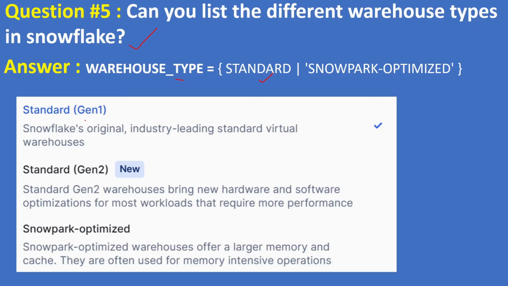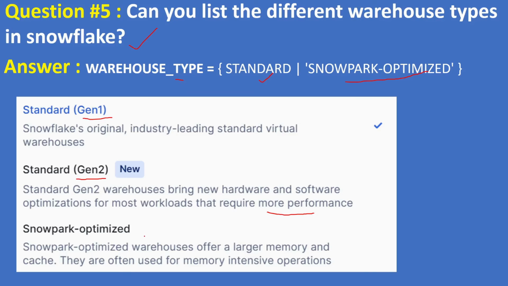Within the standard type, you now have standard Gen 1 and standard Gen 2. Gen 2 warehouses bring new hardware and software optimizations for workloads that require more performance. This is reflected in the resource constraint parameter when you get the DDL for a warehouse, for example, STANDARD_GEN_1 and STANDARD_GEN_2. Second, SNOWPARK-OPTIMIZED.